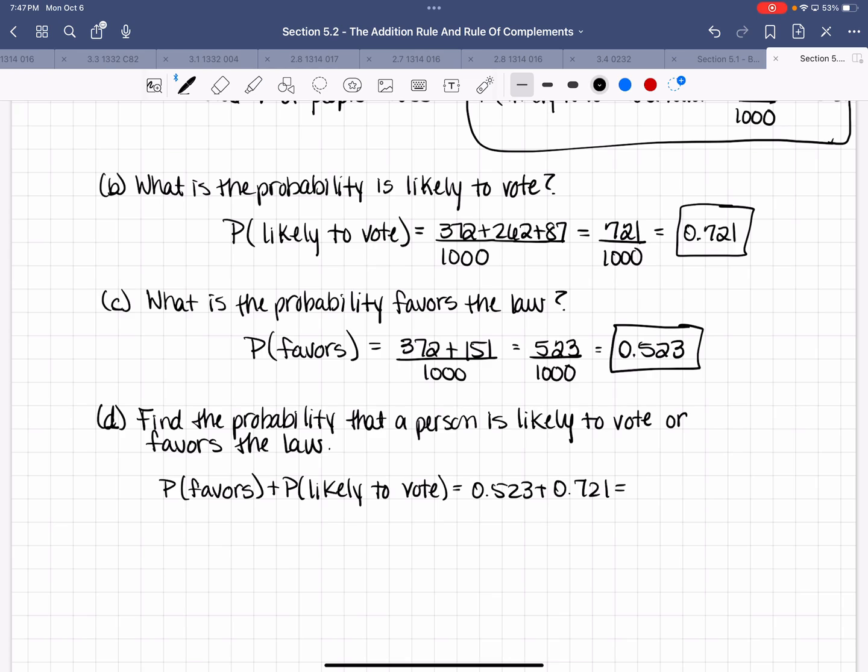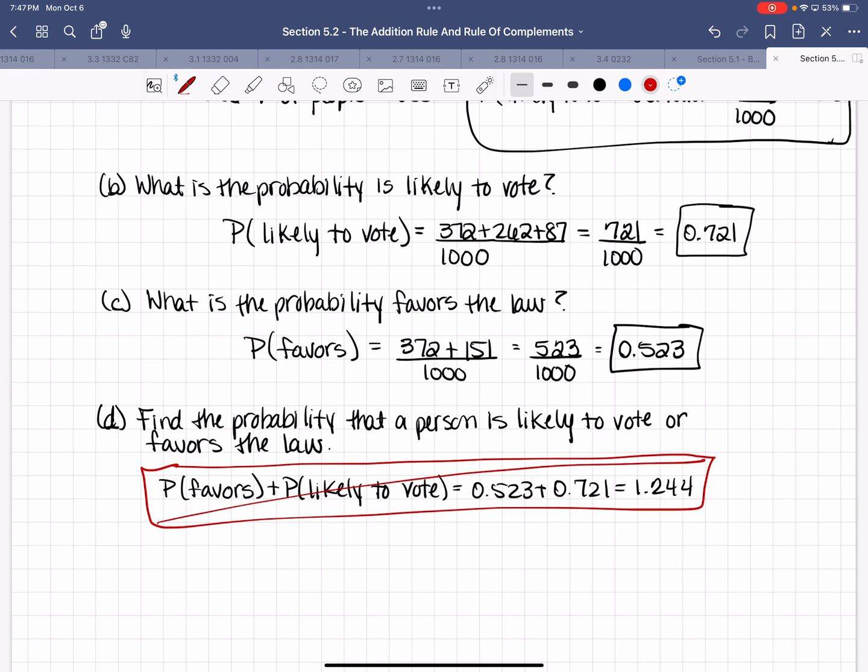What does that give me? 1.244. There should be a big alarm going off in your head right now. Can we have a probability over 1? Nope. This is bad. Bad news. Can't happen.